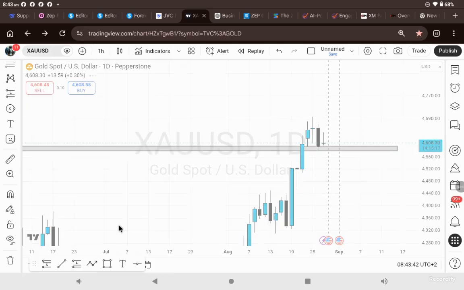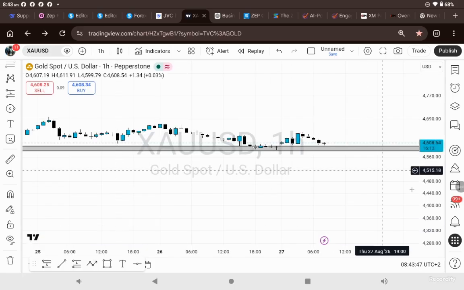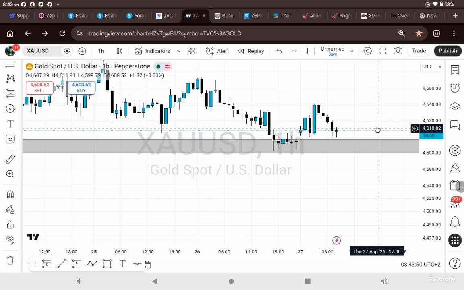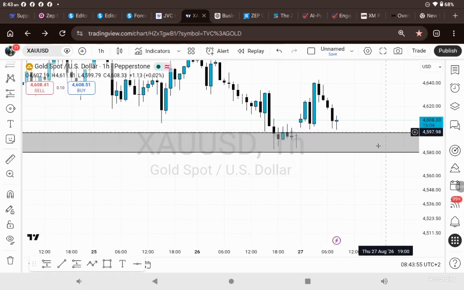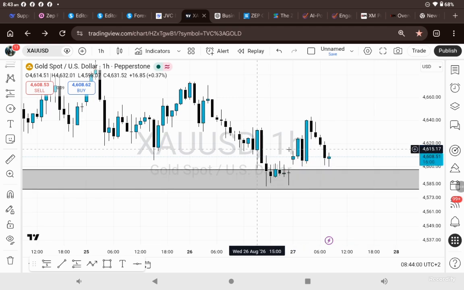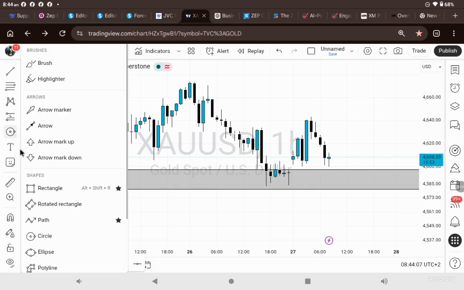Let's go to a 1 hour time frame. The 1 hour time frame will tell us exactly how many times the market has touched that very same level. Here we see multiple reactions on our 1 hour time frame. That shows that I can be looking for buying opportunities, since the market is failing to close below.